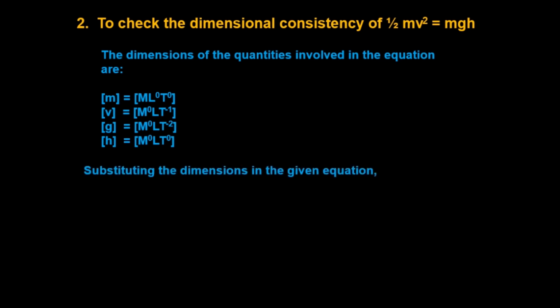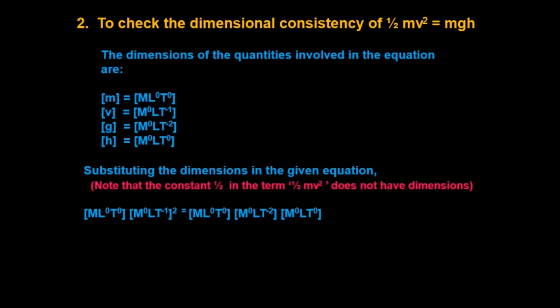By substituting the dimensions in the given equation, we get M L^0 T^0 times (M^0 L T^-1) whole square equals M L^0 T^0 multiplied by M^0 L T^-2 multiplied by M^0 L T^0.